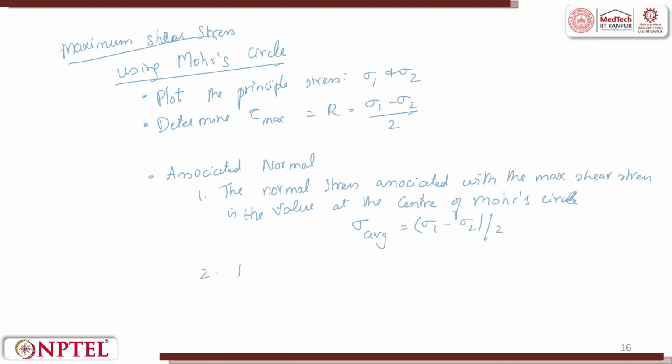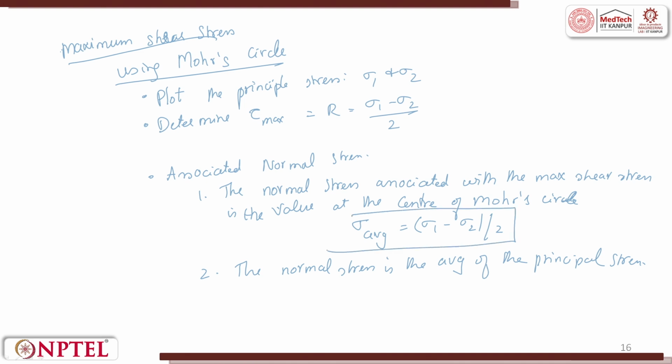So, the normal stress is the average of the principal stresses. If you want to find the maximum shear stress, you have to plot sigma 1, sigma 2, and then you can find tau max like this. The normal stress associated with the maximum shear stress is the value at the center of the Mohr circle, which can be defined like this.